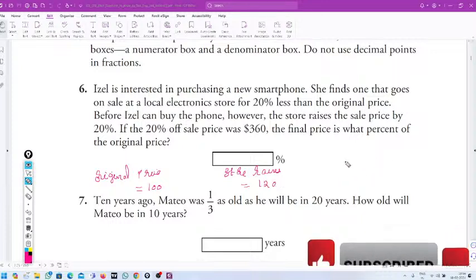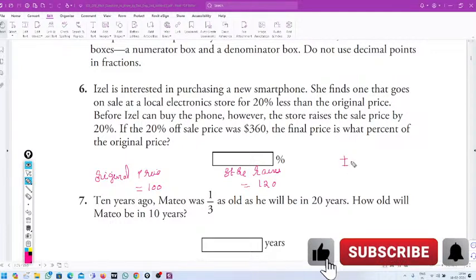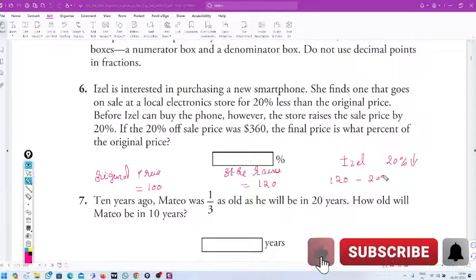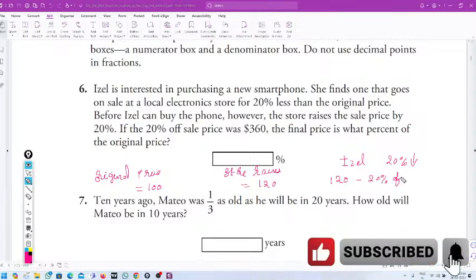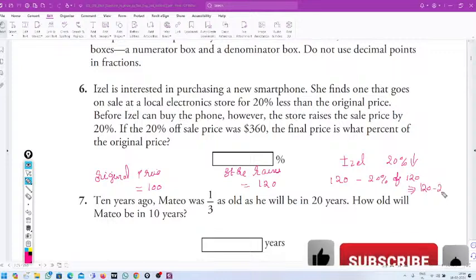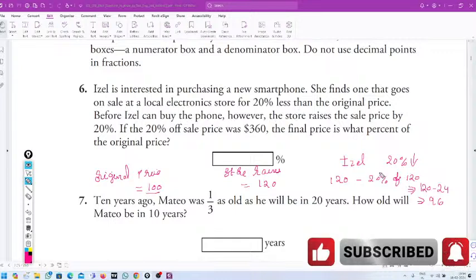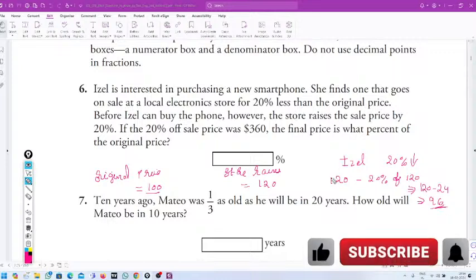Now Israel is purchasing with a 20% discount: 120 minus 20% of 120, that is 120 minus 24, which is 96. So the initial price 100 means now she is purchasing for 96. This 96 is what percent of 100? 96% only.